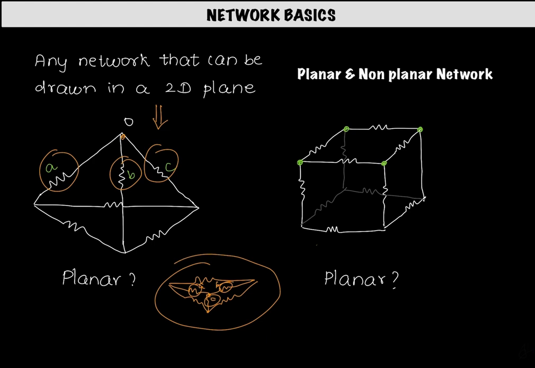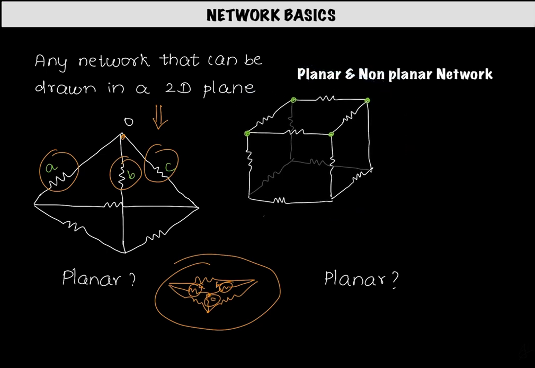Similarly, if we take the second circuit that we have in our hand, let's try to understand what this particular circuit is. Here also this looks like a 3D circuit, but essentially this is not a 3D circuit. If we look from the top angle, this is basically a redrawable circuit like this. So we can have something like this, right?